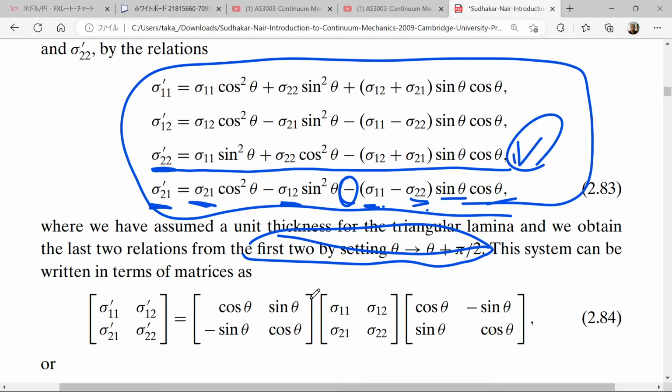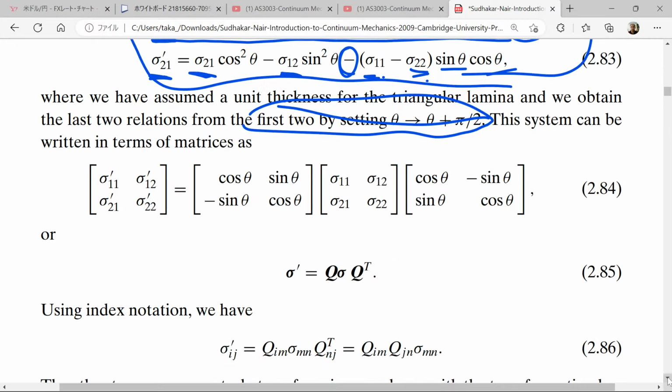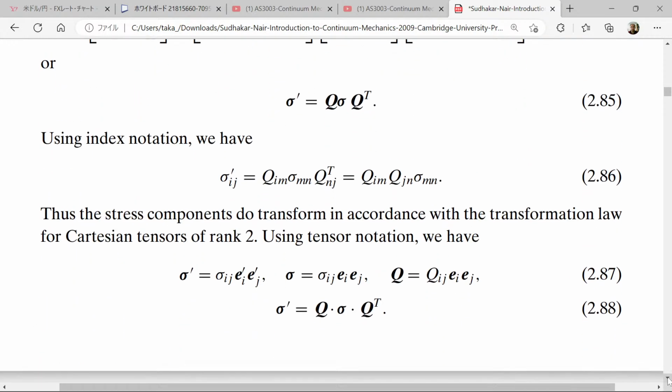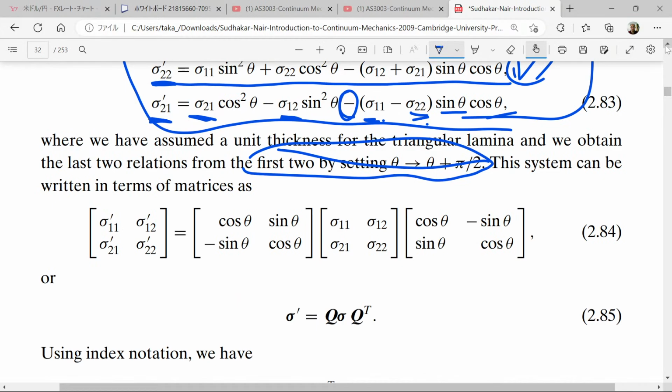I think this should be an exercise for people. But I think this is kind of too much, so let me stop here. We finish equation 283 in this video.